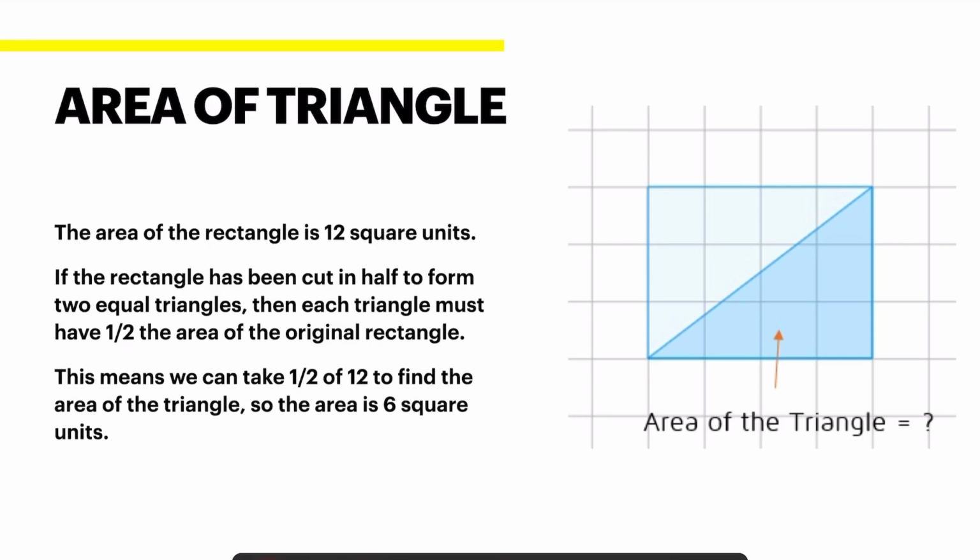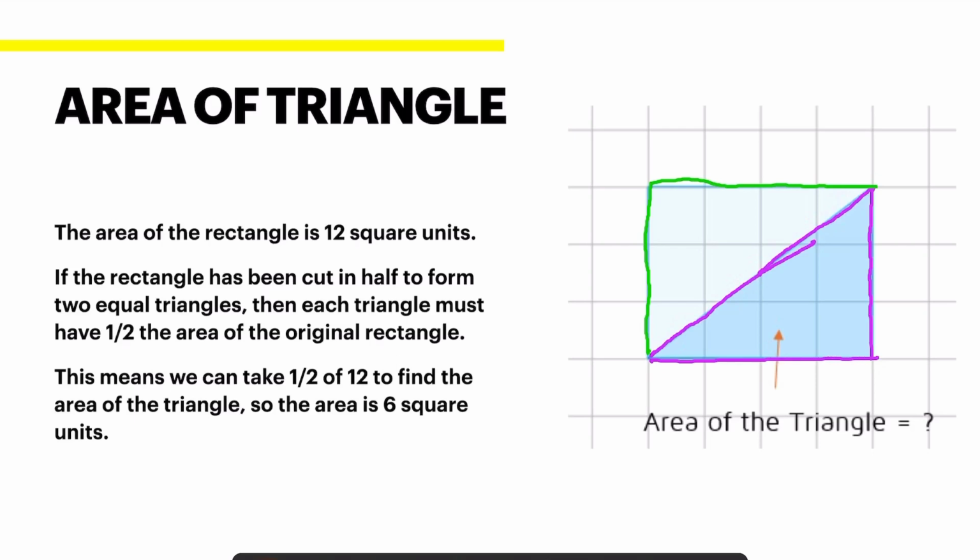Remember that the area of the rectangle originally was 12 square units. If we are going to cut this rectangle into half to form two equal triangles, like what I'm doing now, then each triangle should have half the area of the original rectangle.